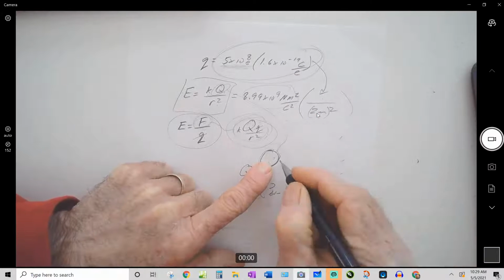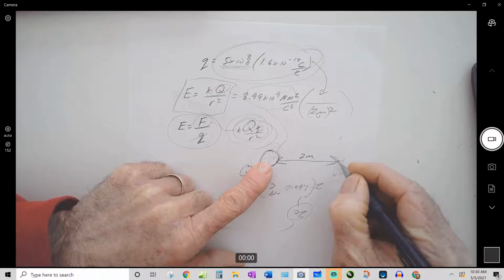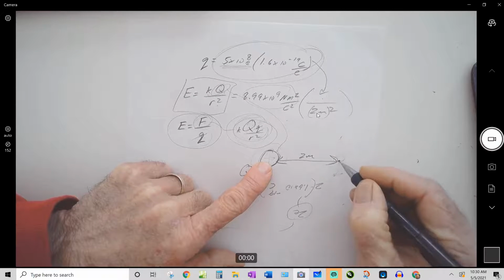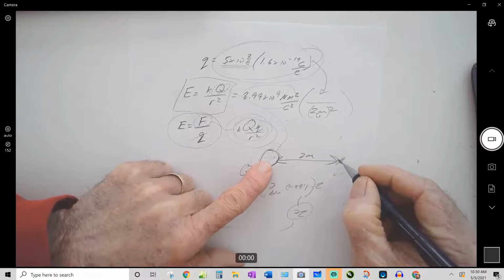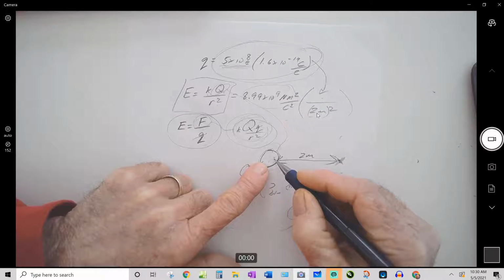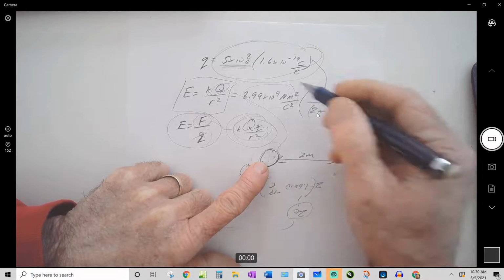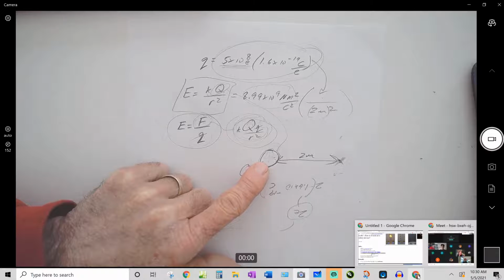This is the distance, 2 meters, to this little point right here. So we're just imagining what is the value of the electric field right there at that point. So 2 meters is the distance to that point from the charge. So that's how it would calculate the electric field. But the direction is what I think is the interesting part.